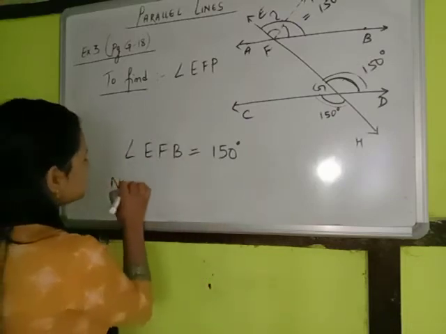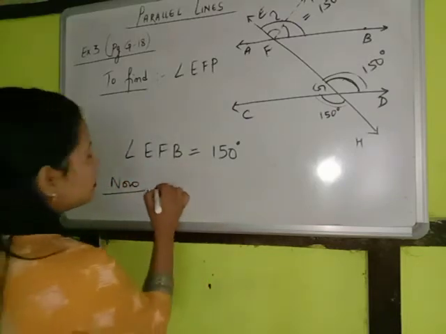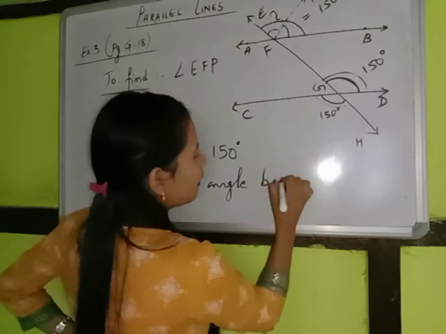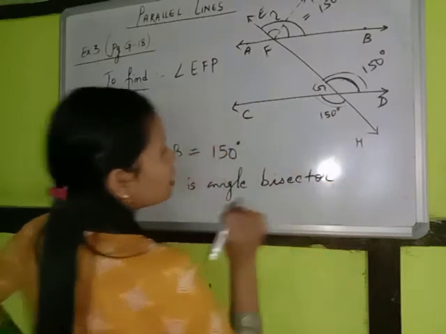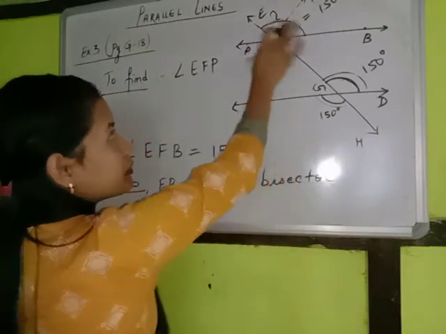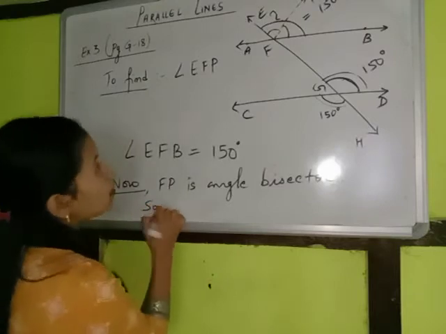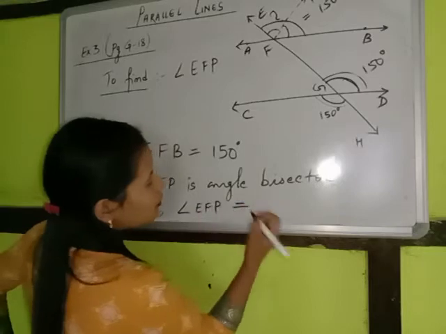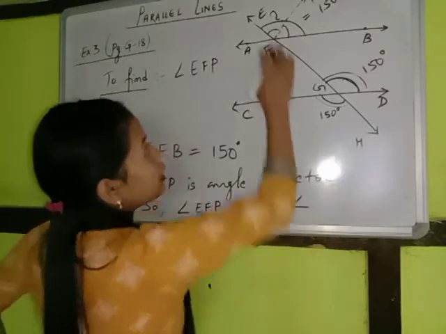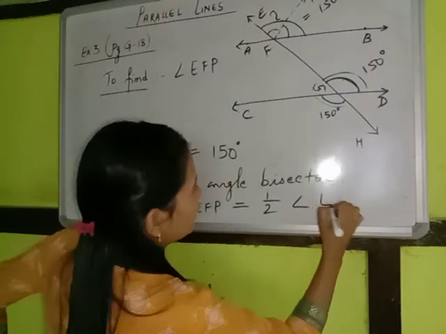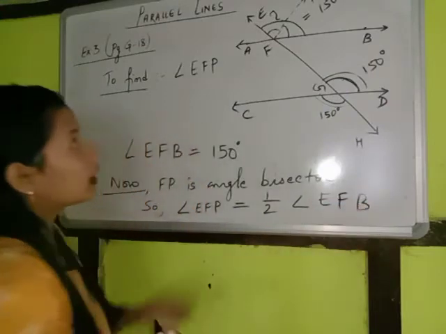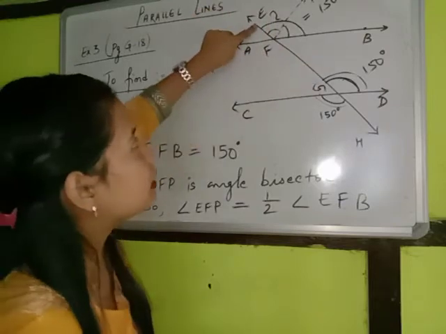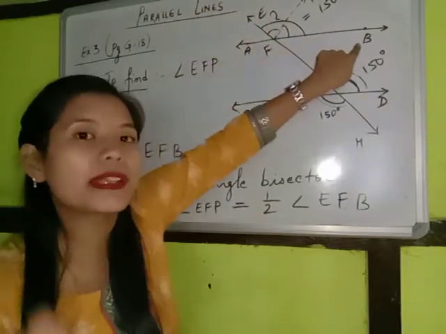Now it's given in the question that FP is the angle bisector. This ray is the bisector of this angle. So angle EFP will be equal to half of this complete angle EFB. I'm talking about this angle EFP. This will be half of angle EFB. That is what a bisector does.